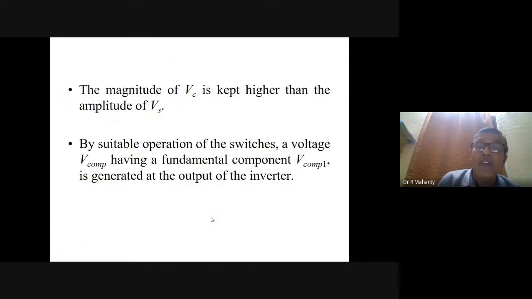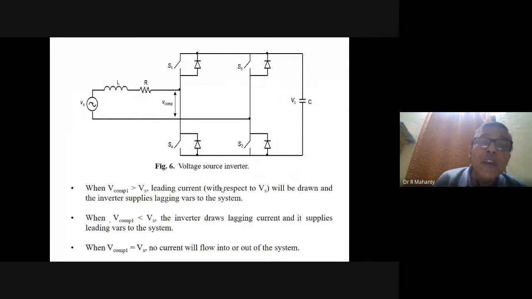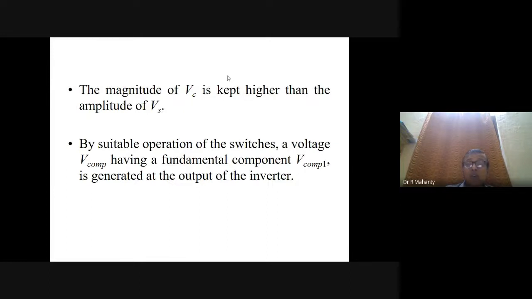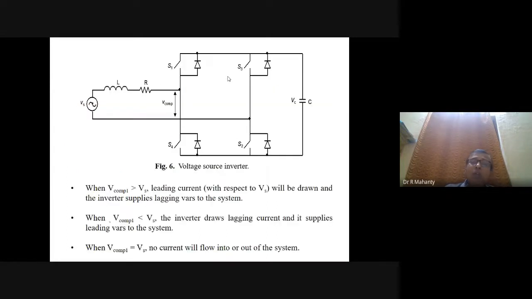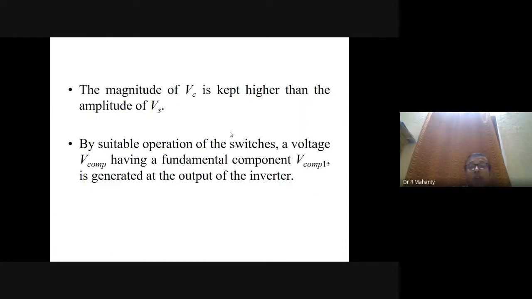The meaning of this is that the angle between V compensation 1 and I compensation is either plus 90 degrees or minus 90 degrees. So it will not take any real power from the system, and only some amount of real power required to compensate the losses of the switches will be taken from the system. Otherwise, it will not take any real power from the system.